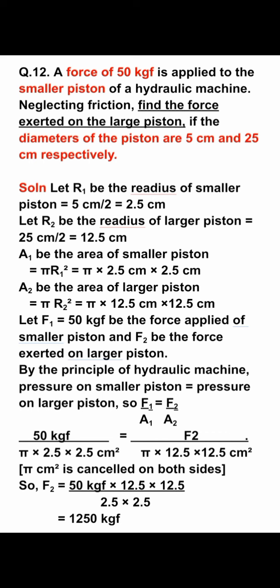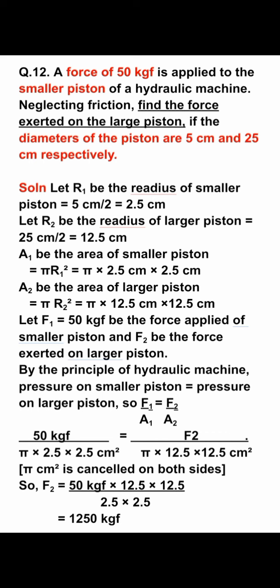Same formula, pi r2 square equals pi into 12.5 centimeter into 12.5 centimeter. Now the force of 50 kgf is applied to the smaller piston, so let's take F1 equals 50 kgf, the force applied on the smaller piston, and F2 be the force exerted on the larger piston.